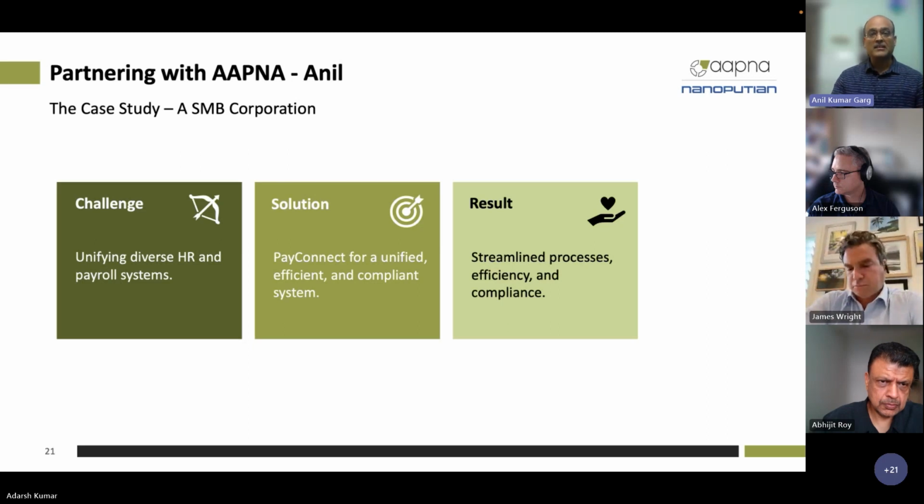Our mission is crystal clear: to make integration seamless, cost-effective, and value-driven for Indian businesses. With our deep understanding of the HR landscape of the Indian market and the power of PayConnect, we are committed to enabling our clients to thrive in an increasingly competitive landscape.